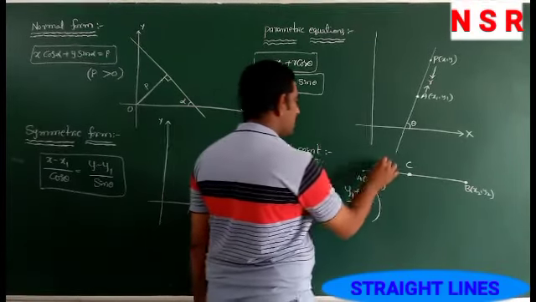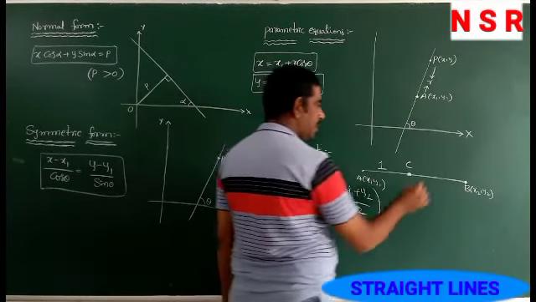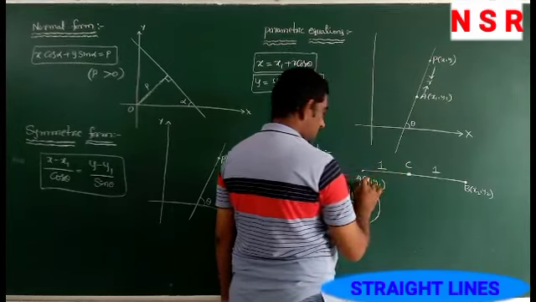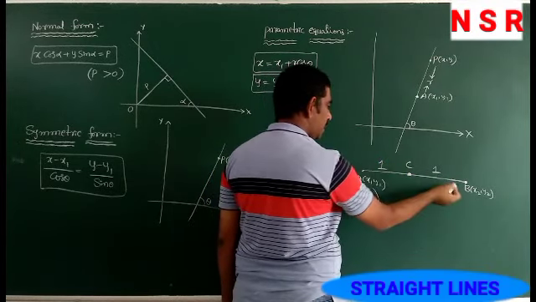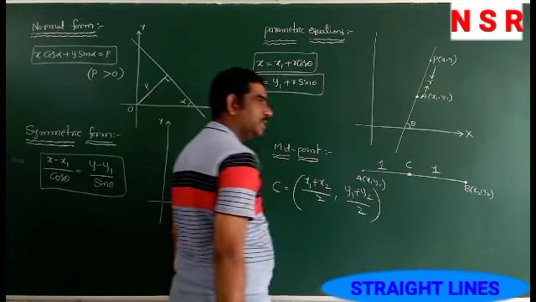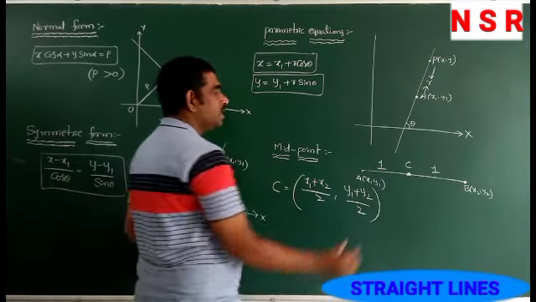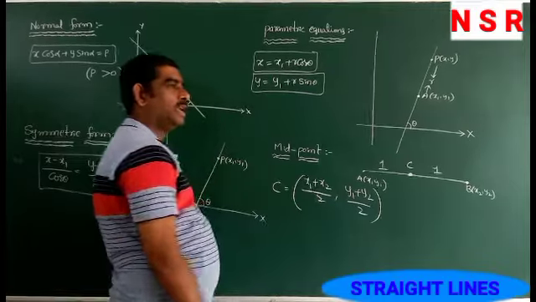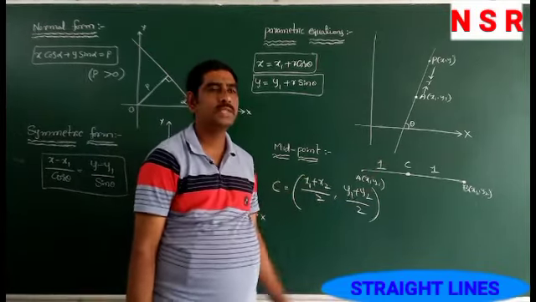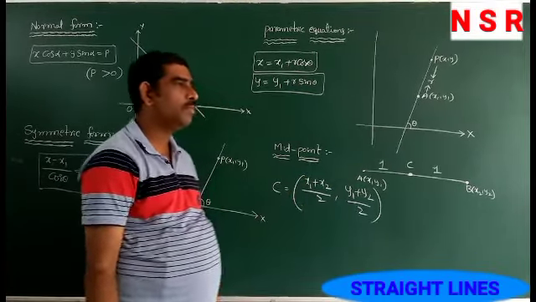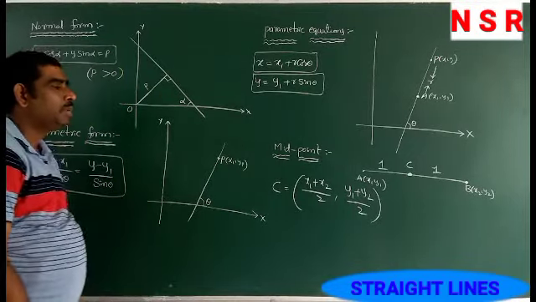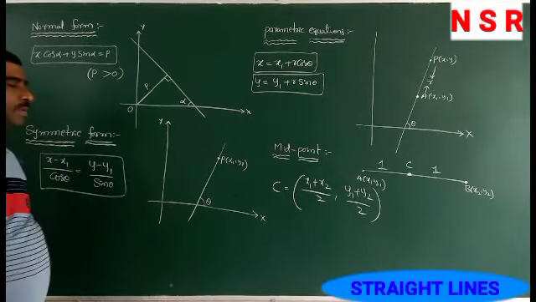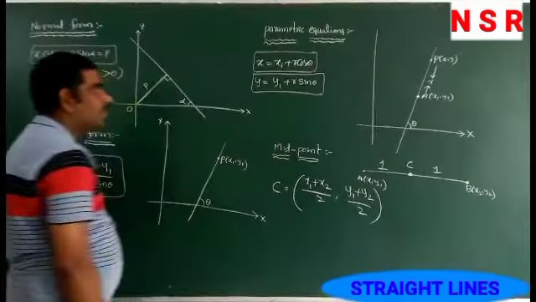It means the distance from A to C and from B to C are equal, so C divides AB in the ratio 1:1 internally. If we apply the section formula here, we directly get the midpoint formula. So the midpoint of two points is ((x1 plus x2) by 2, (y1 plus y2) by 2).